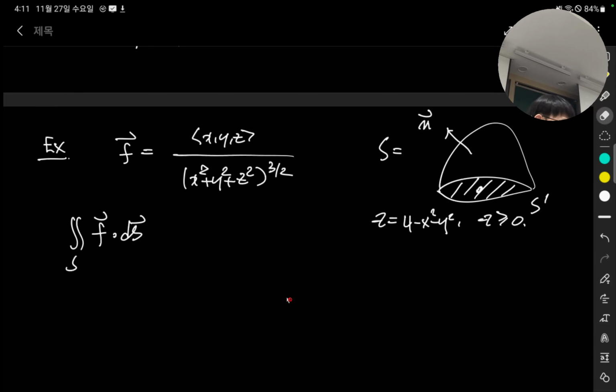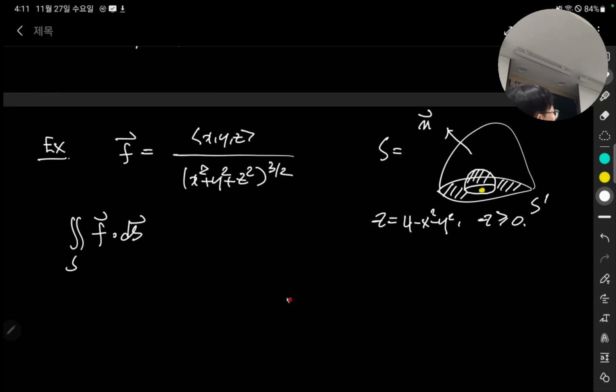So instead, I'm going to use a surface that doesn't intersect the origin. Let's put a small sphere around the origin, and then take S prime to be a surface like this.